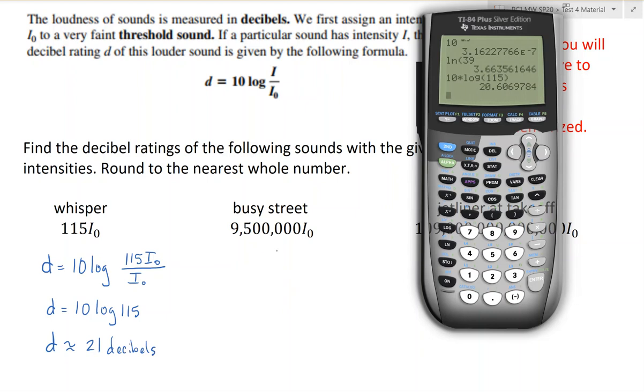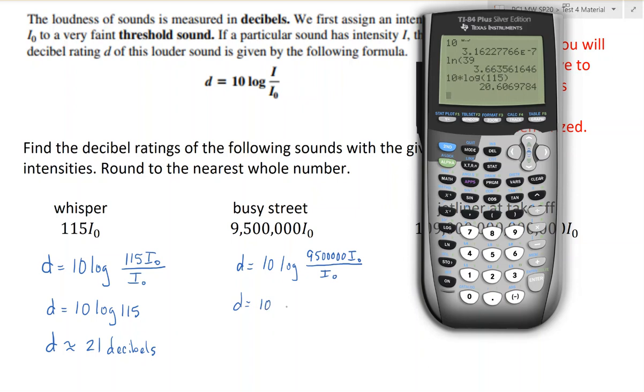A busy street is 9,500,000 times the intensity of the threshold sound. So to find the decibels, that's going to be 10 times the log of 9,500,000 times the intensity of the threshold sound, divided by the intensity of the threshold sound.